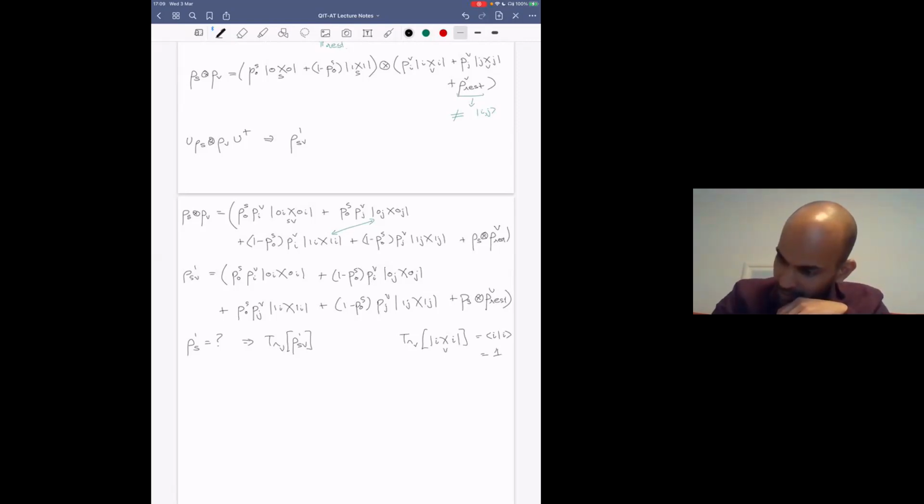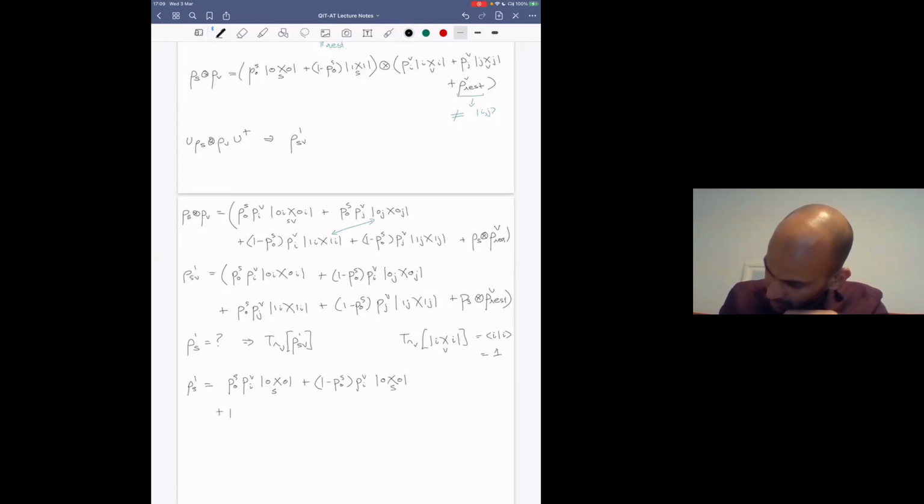So we can now do this in detail and say that rho S prime is equal to, in the first case, rho S IV, and the trace of that operator on the V part is just 1. So I get that on S. The next one is going to give us (1 minus P0S) PIV 0 on S again.